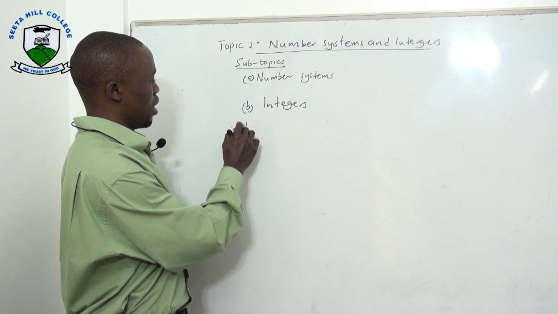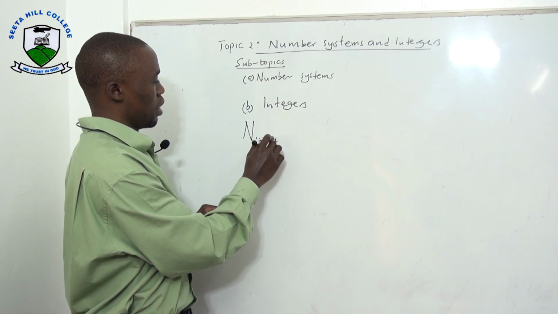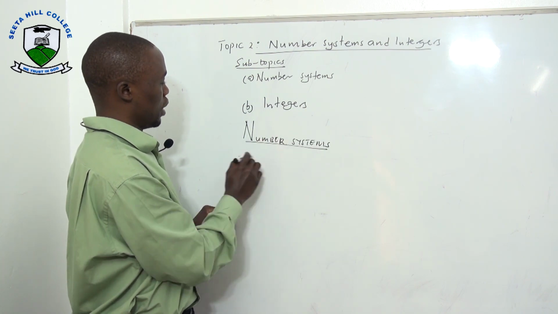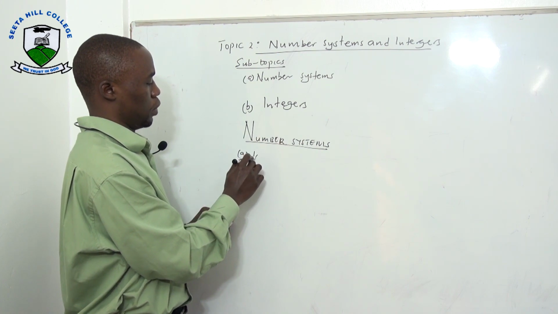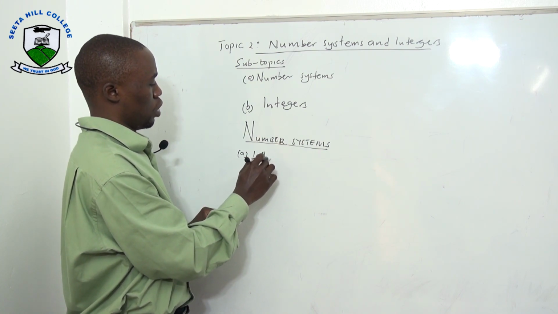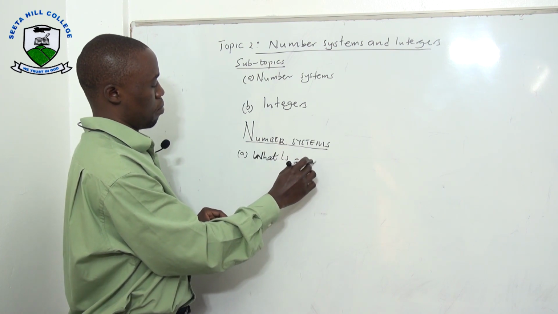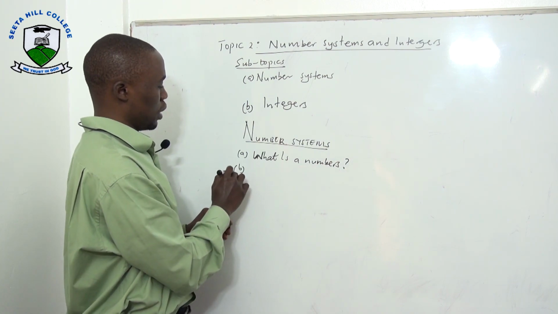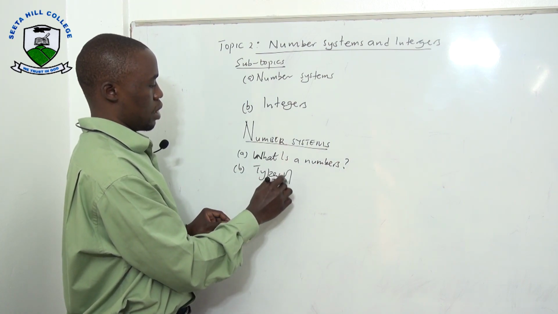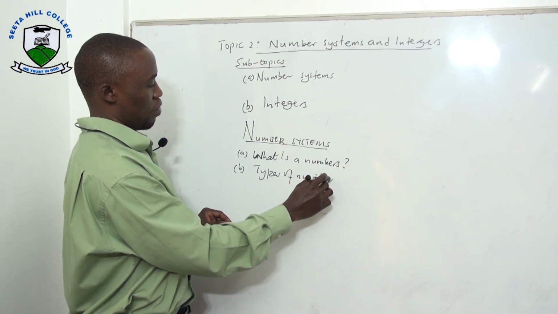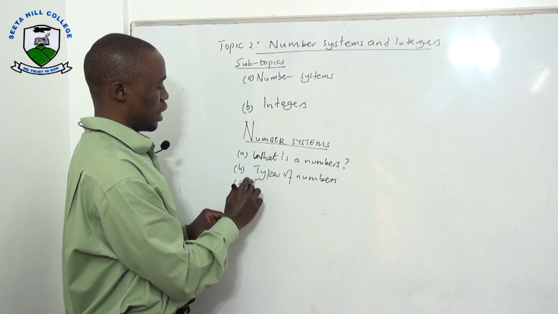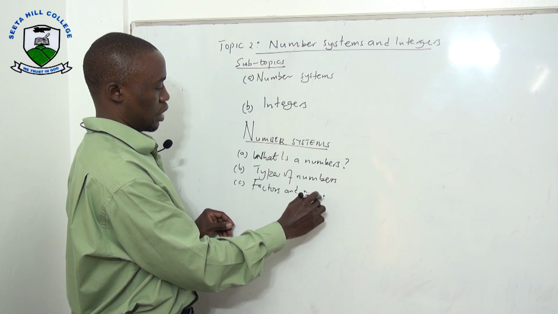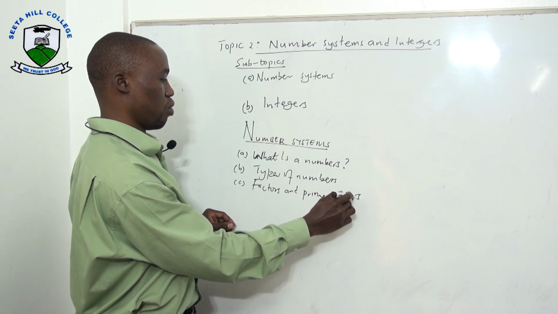And right away, let us look at number systems. We shall visit what's a number, then types of numbers. Then we shall also visit factors and prime factors. Is there a difference between the two?